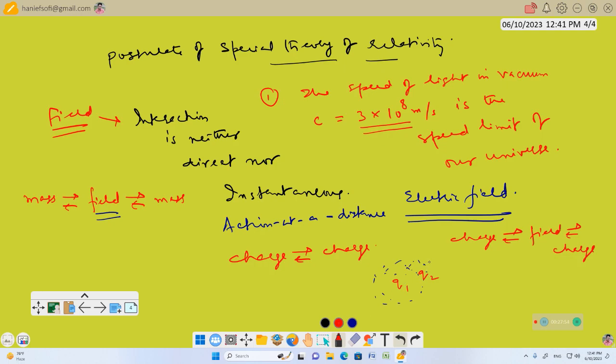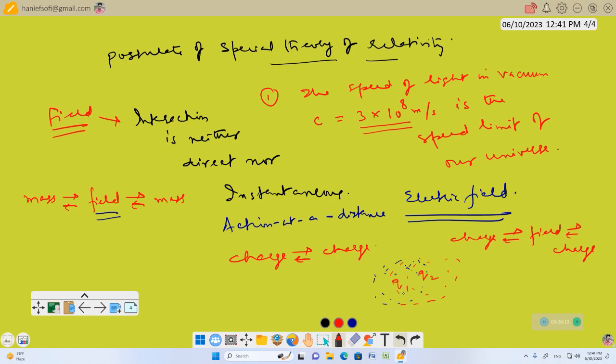Similarly, Q2 will have its own field. If Q1 finds itself in that field, it will exert force on Q1. So field is the intermediary agency. Interaction is not direct. It is not instantaneous.